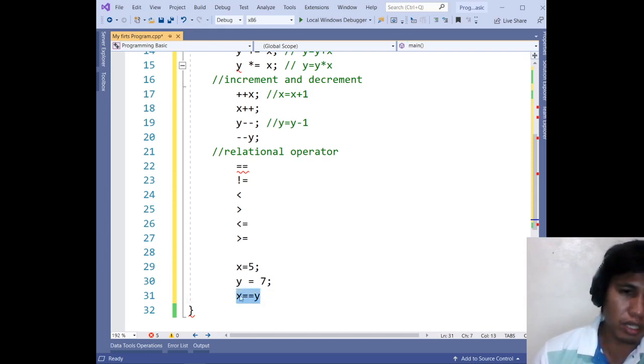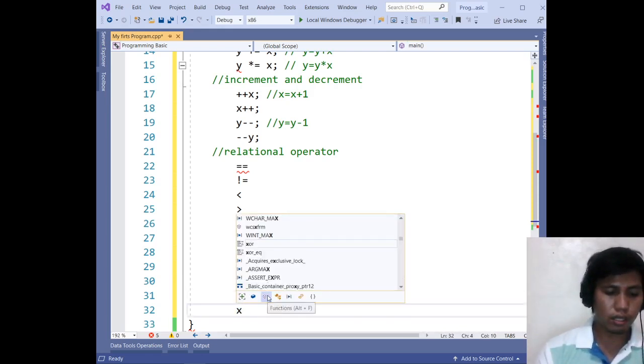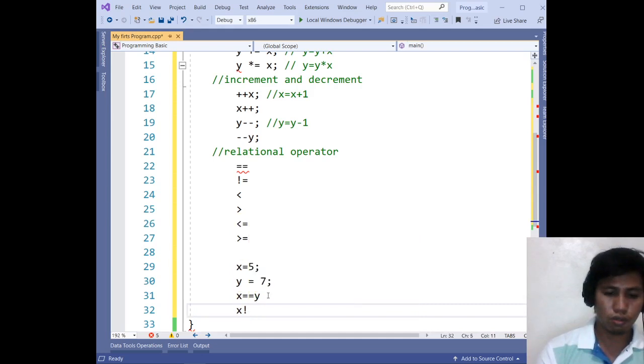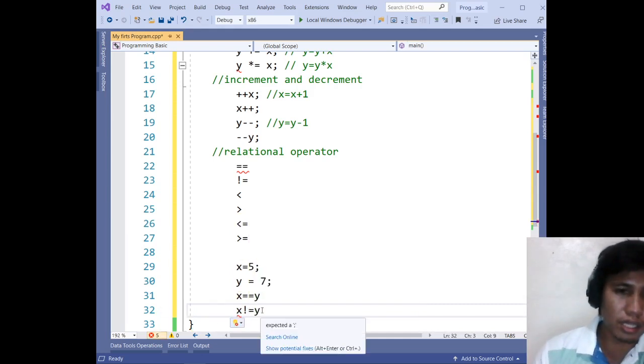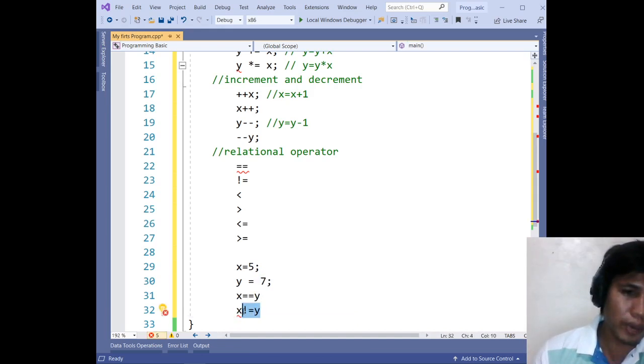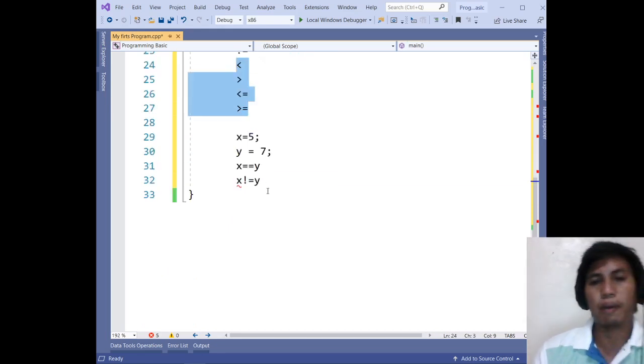This expression means is x equal to y. While this one, x not equal to y. This expression is asking if x is not equal to y. The other operations, that is greater than, less than or equal, so the symbol itself denotes the function.